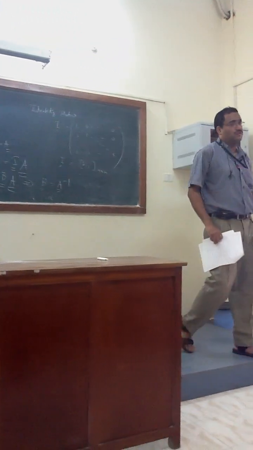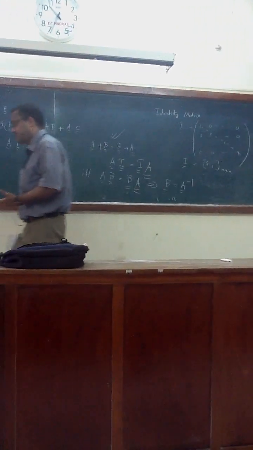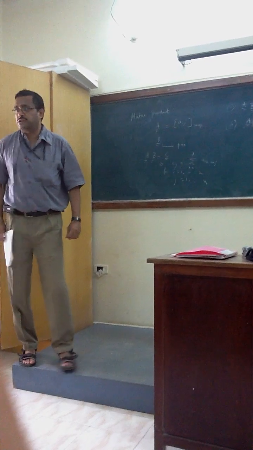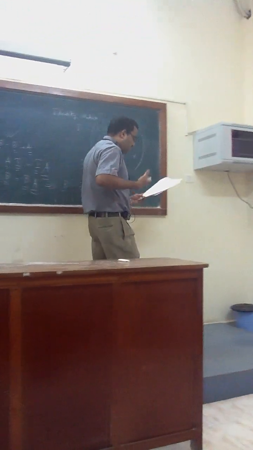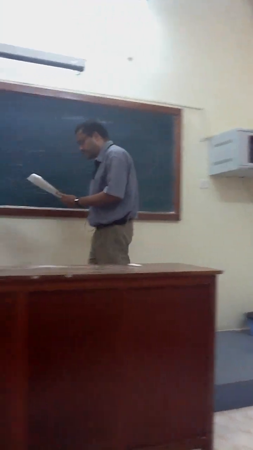B could be I, in which case the matrix remains unchanged. If B is A inverse, the matrix will become the identity matrix I. That's what I was saying, that when something commutes, it's actually interesting.